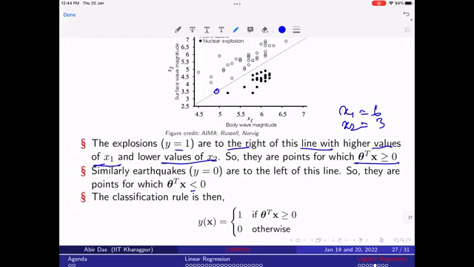Now, the classification rule: if your theta transpose x is greater than 0, then y hat x, the predicted value of y for x, is 1. If theta transpose x is less than 0, then y hat x is 0, right? So that is how you get the y hat now. Earlier I was getting y hat directly equal to theta transpose x.